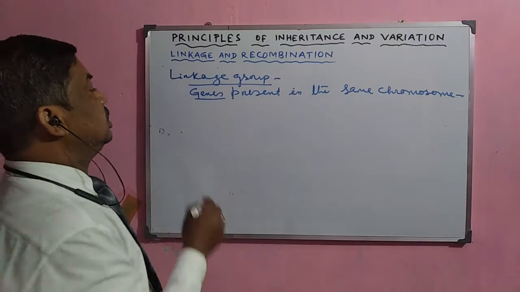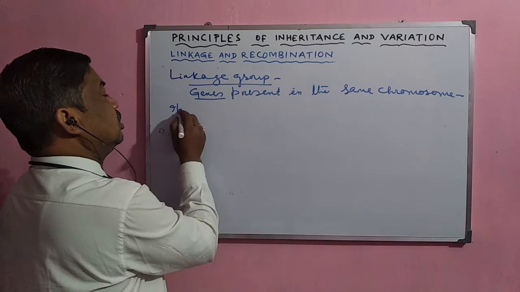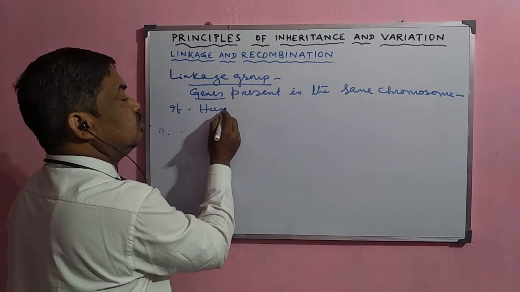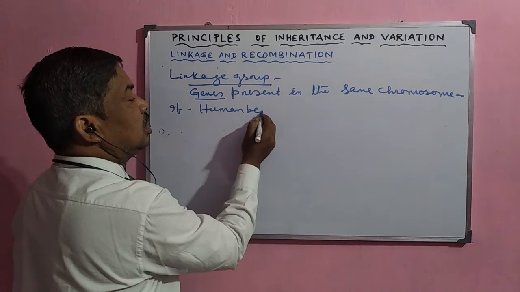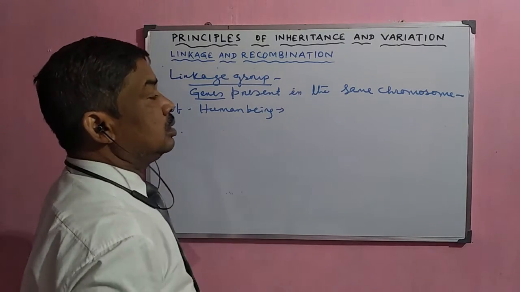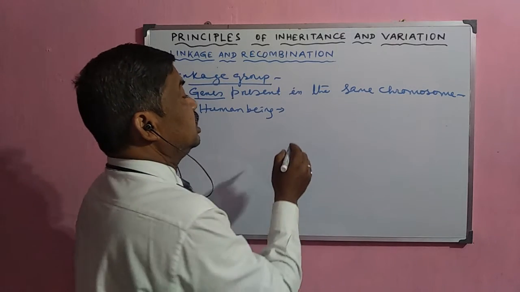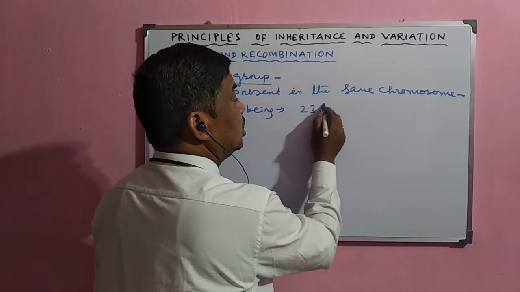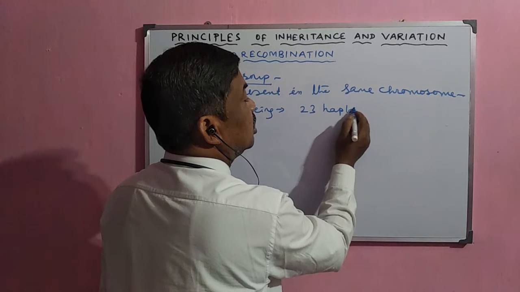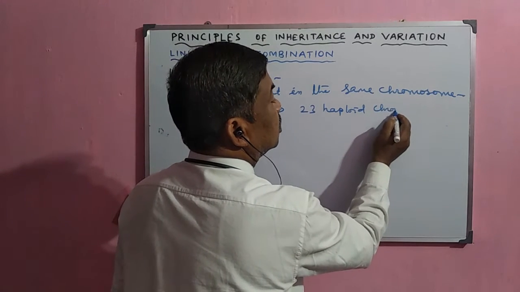In the case of human beings, there are 23 pairs of chromosomes, that means 23 haploid chromosomes.